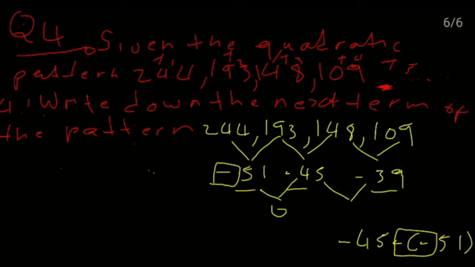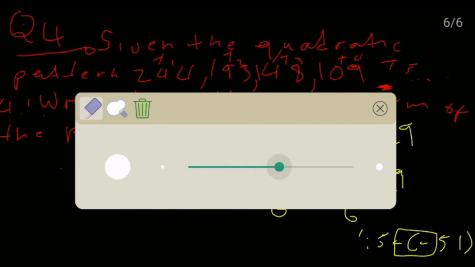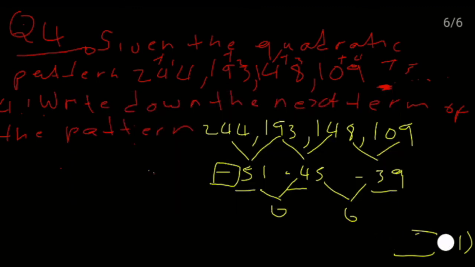Similarly, negative 39 plus 45 would be 6. So this is our second difference. Let me check this off.